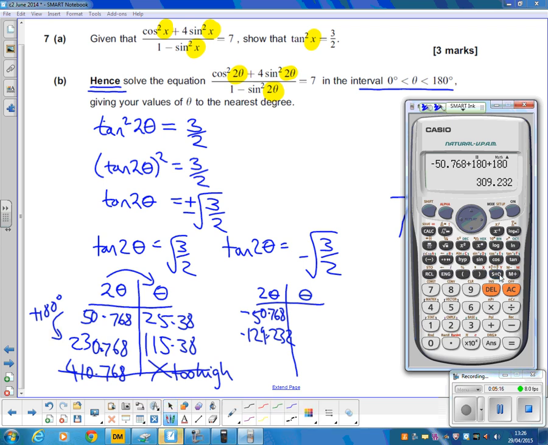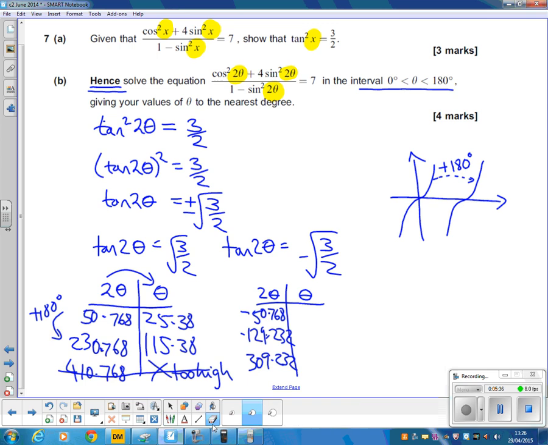We get 309.232. If you divide that by 2, it's still going to be in range. If you added on another 180, you get 489. If you divide that by 2, it's going to be too large. So we've got enough solutions in this one.